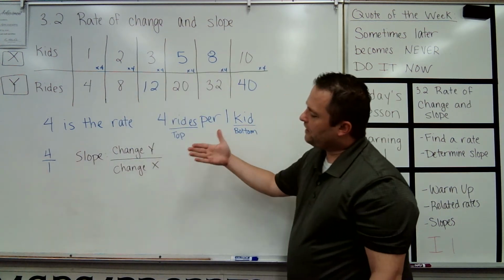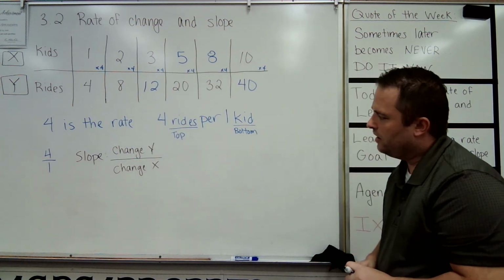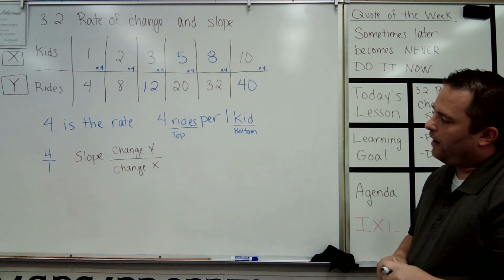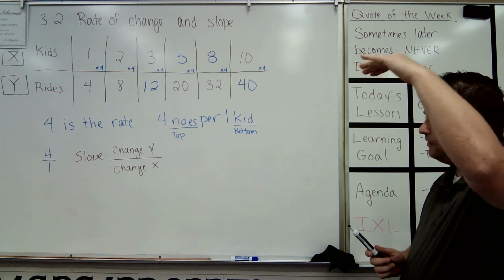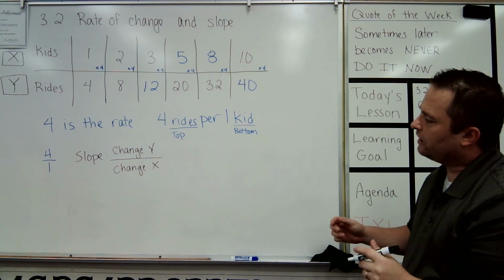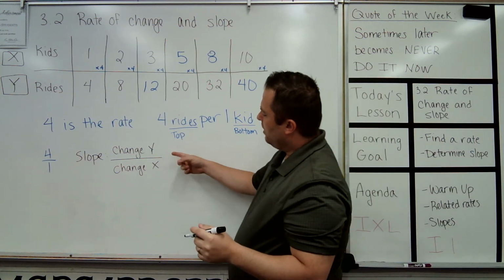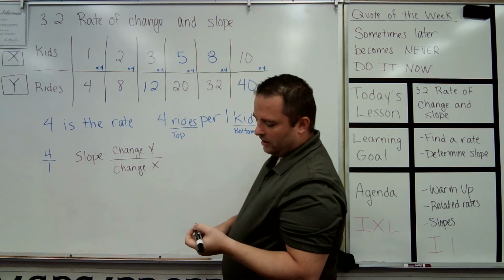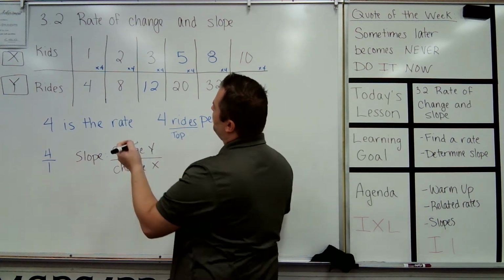So when I'm thinking about slope, meaning how much it's changing positively or negatively or not changing at all, I want to look at the change in the y over the change in the x. So what I mean by change is this.